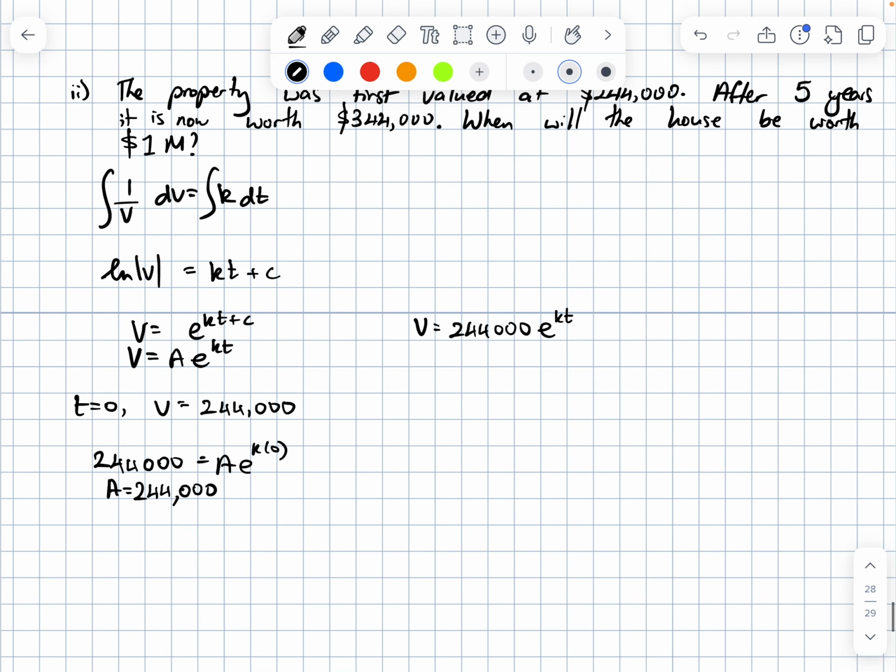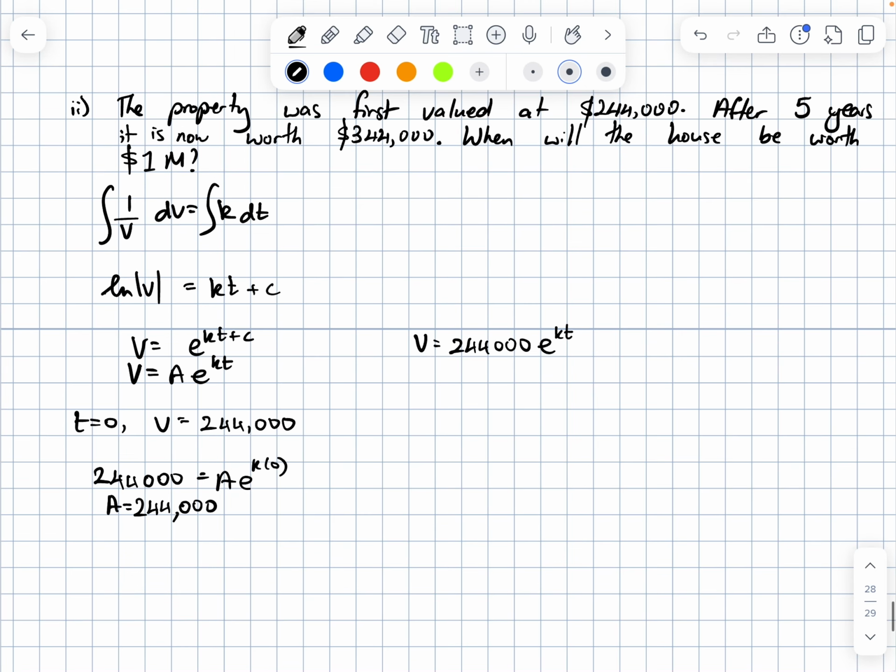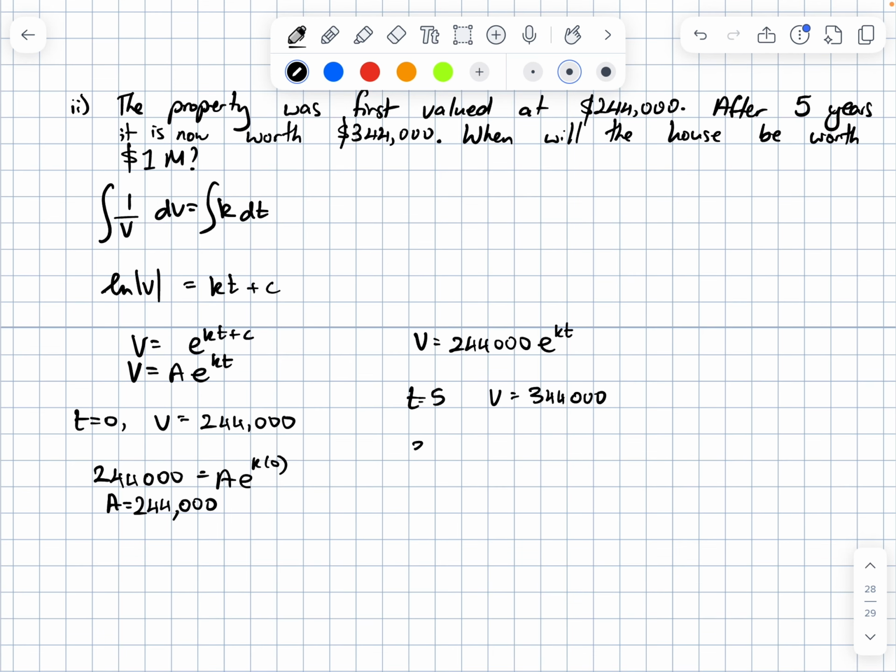And when I'm solving for these unknown constants, I find it best to, as soon as I've found one, rewrite that into my equation to keep track of what I'm up to. Then I'm going to substitute the other point. I'm told that when t equals 5, V is 344,000. So that will help us solve for k. That means that we now have 344,000 equals 244,000 e to the power of k times 5.